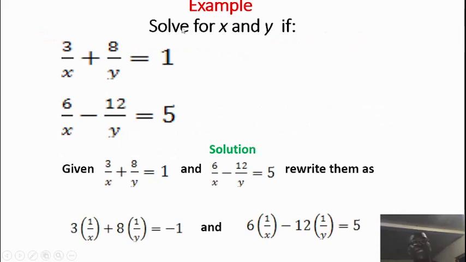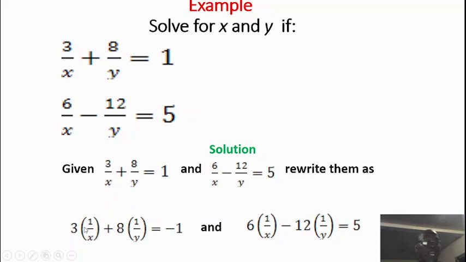Example: solve for x and y if 3 over x plus 8 over y is equal to 1 and 6 over x minus 12 over y is equal to 5. What do we do? We state what we are given. This is what we are given, this and that. We rewrite the system in this form.